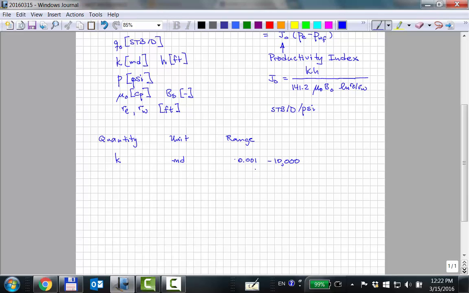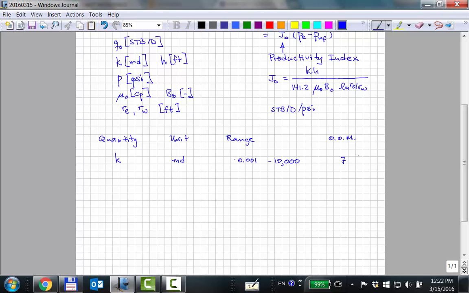Let's see how many orders of magnitude that is. That's 3, 4, that's 7 orders of magnitude. But that's before the shale boom. The permeability that we have, like in the Bakken field, is probably on the range of 0.001. That's not really shale.